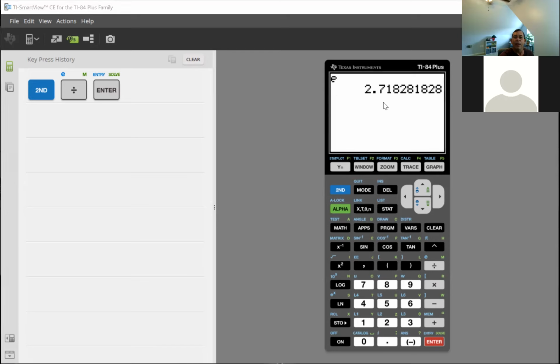Also, I want you to see on the calculator another place where the E is. If you hit the second button, and then on the left side by the 4, there's an LN button. Notice right above it is a little E with an X. If you hit that one, that brings the E up with an exponent, and that'll help you do the problems I'm about to do, okay?